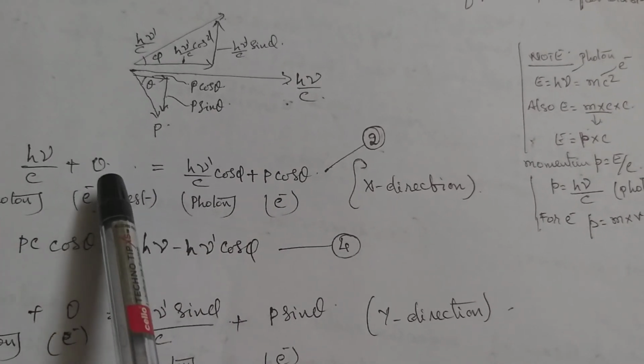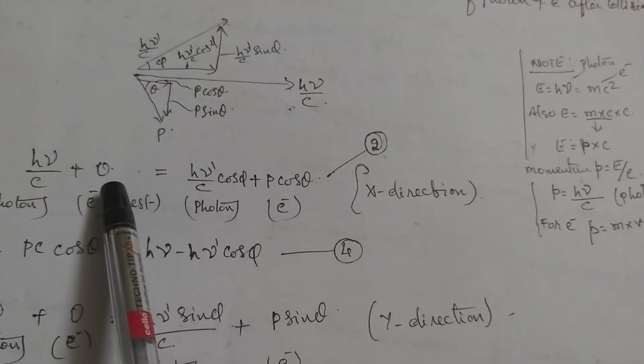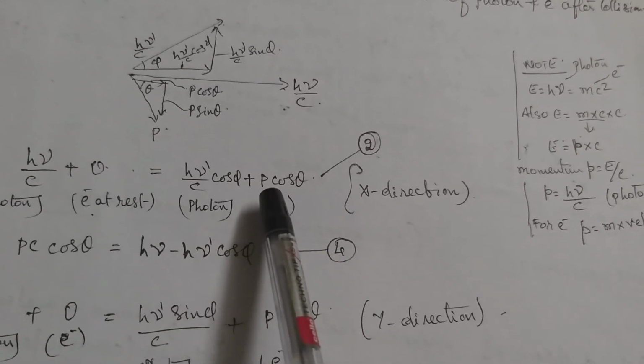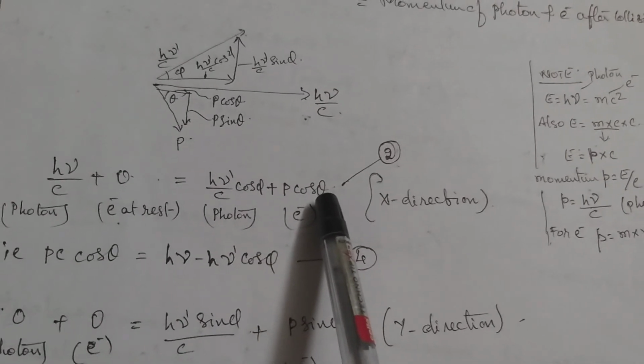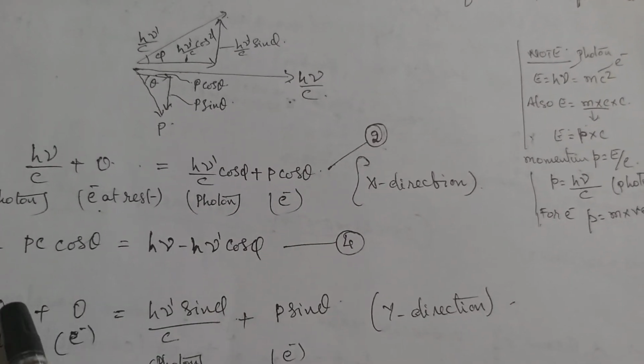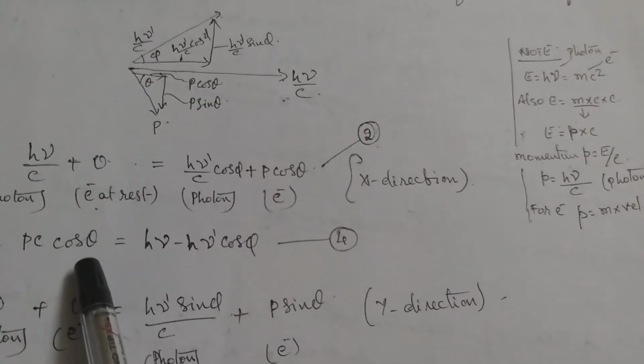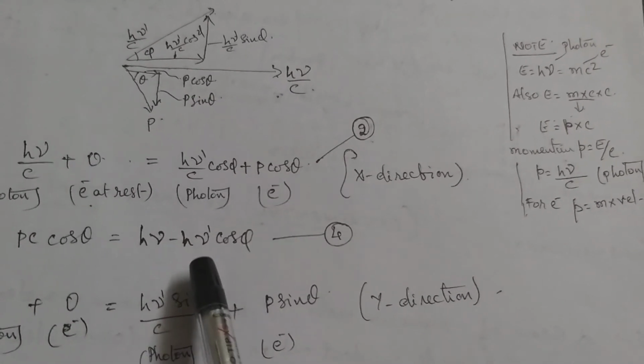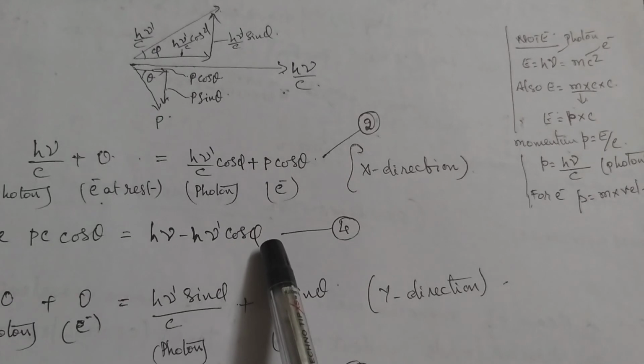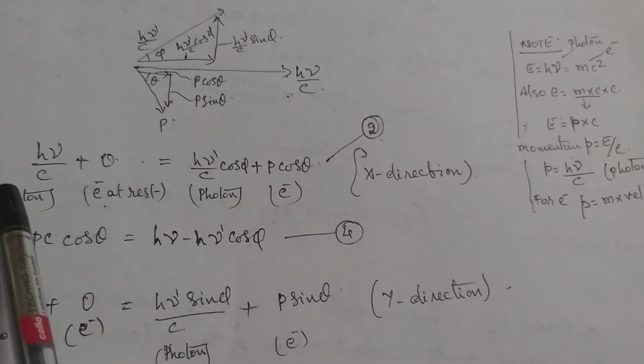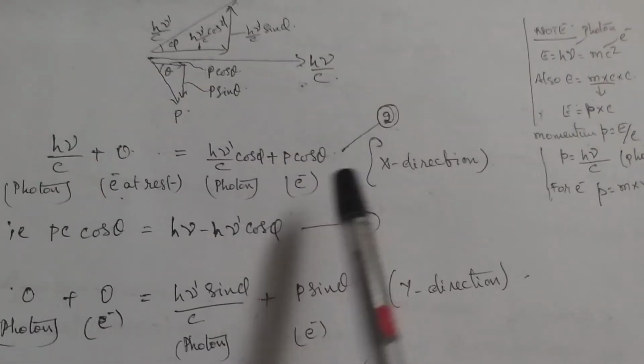Before collision, the electron momentum was 0 because velocity is 0. After collision, it is p cos theta. This equation gives pc cos theta is equal to h nu minus h nu dashed cos phi. Here we have multiplied the equation by c.